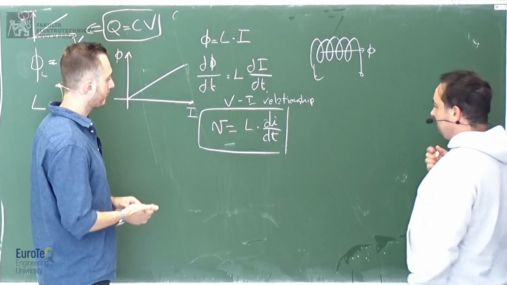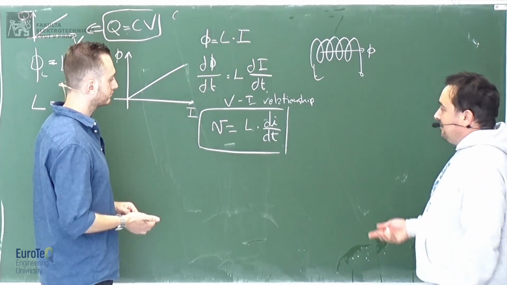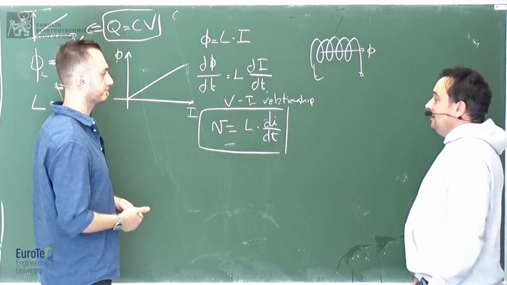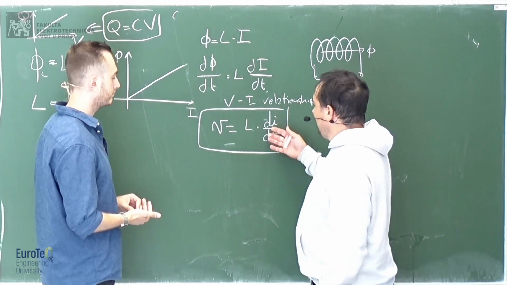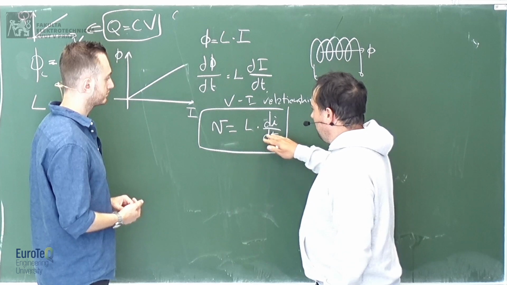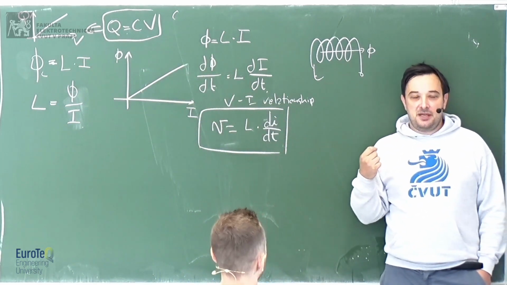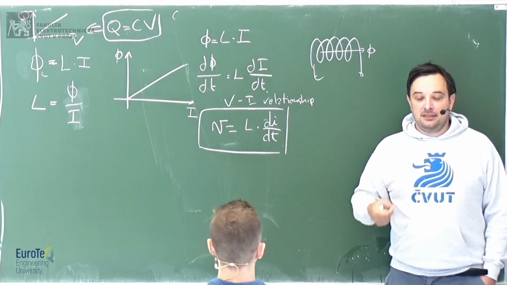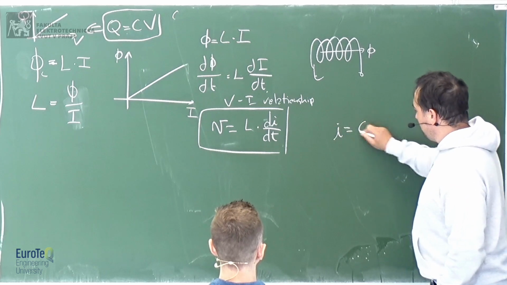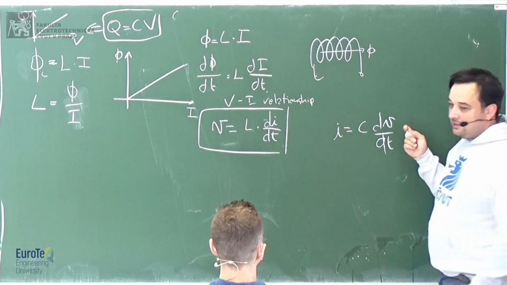Again, let's try to understand the physical meaning. That's induction law. Inductors resist the change of current. Previously with the capacitor, we said we get a stream of charge. Remember that I is equal to C dV dt. What was the physical principle?